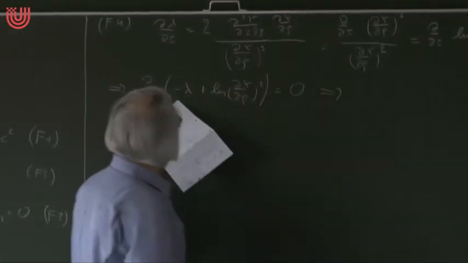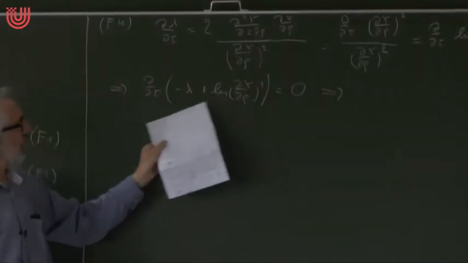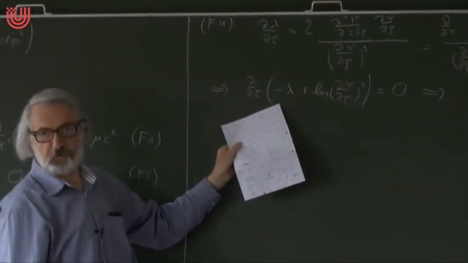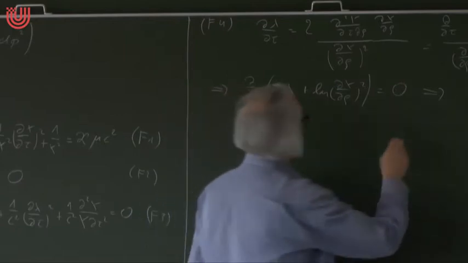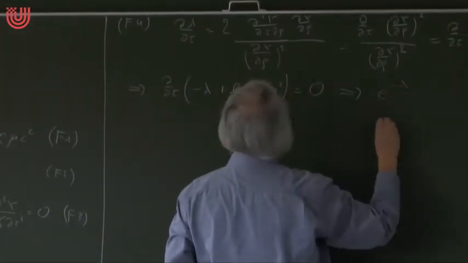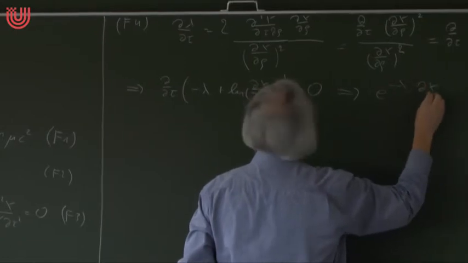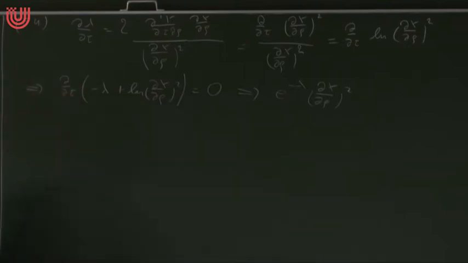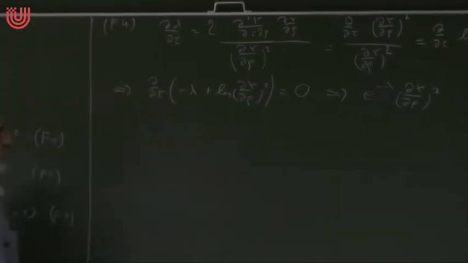So we have that this is a function of rho alone. So if this is a function of rho alone, then also the exponential of this is a function of rho alone. So I exponentiate the expression in the bracket, and I get e to the minus lambda dy d rho squared. So this is a function of rho alone. That's what this equation tells us.